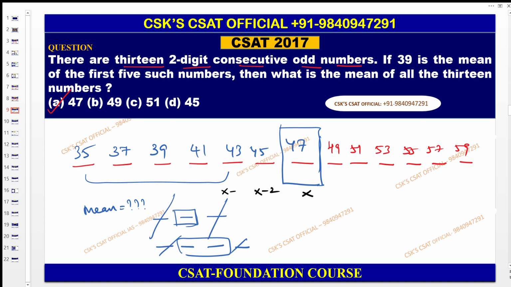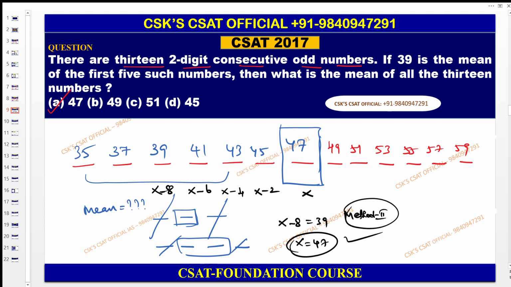So this is x minus 4, this is x minus 6, and this is x minus 8. Like this also you can go. Whatever is in the black color, that is the second method. x minus 8 is equal to 39. x is equal to 47. So the black color model, you can use method 2. Anything is fine. Method 1 is the very best method. Suppose if you are not getting that logic, you can go with method 2 also.